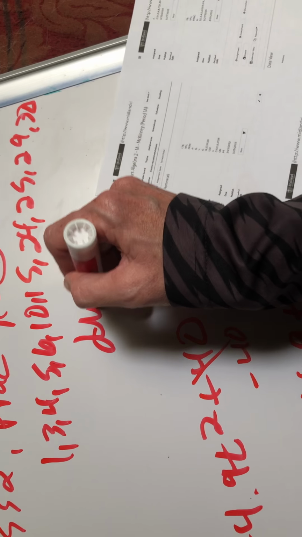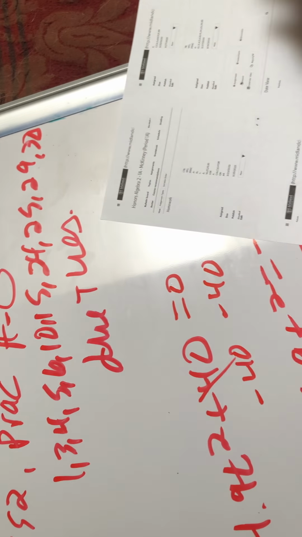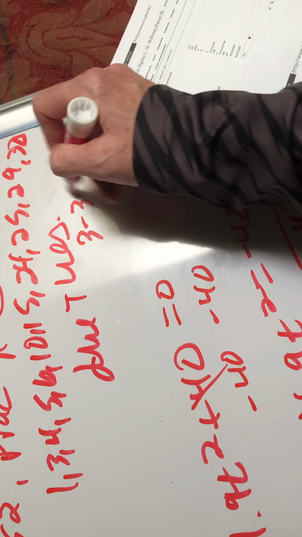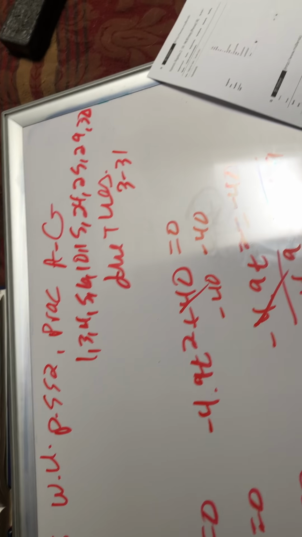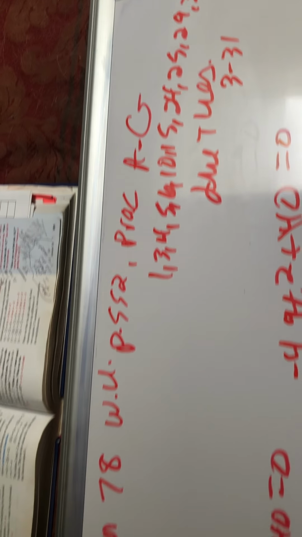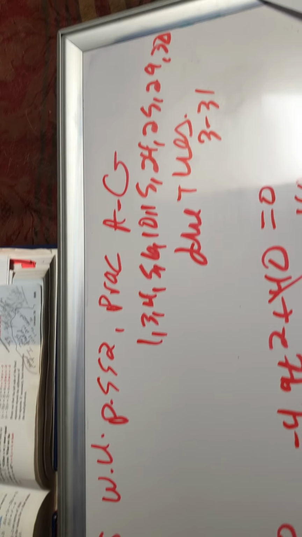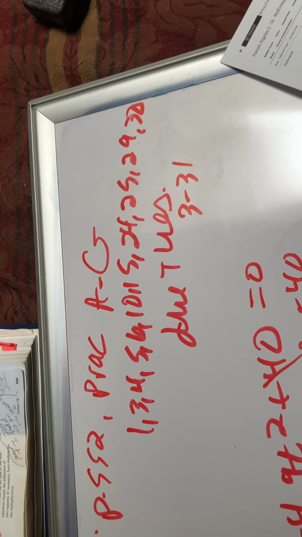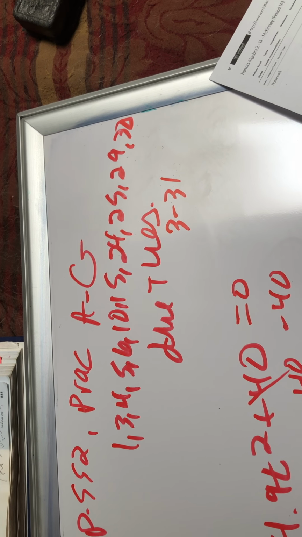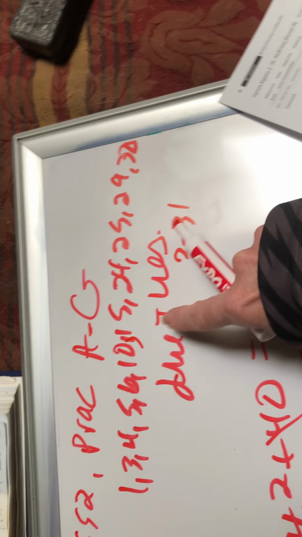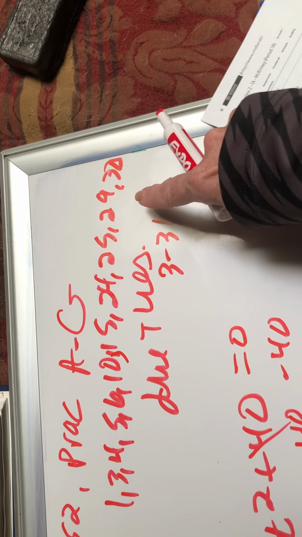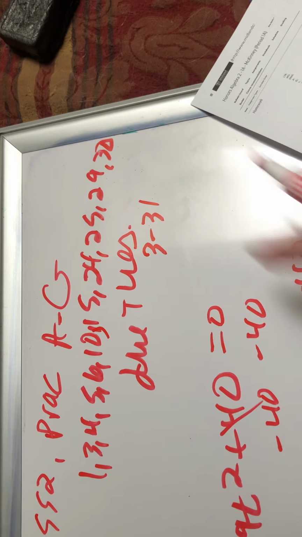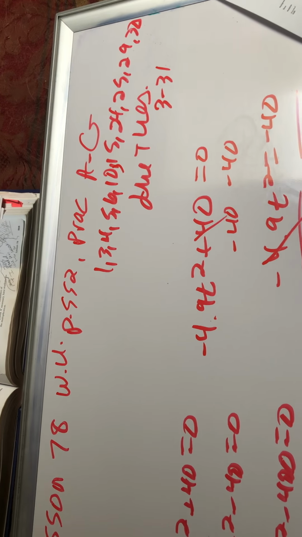This is due Tuesday. I think that's the 31st. It's due Tuesday the 31st. Yes. So you're doing the warm-up on page 552, practice A through G. 1, 3, 4, 5, 6, 10, 15, 24, 25, 29, 30. And it's due Tuesday. Okay.